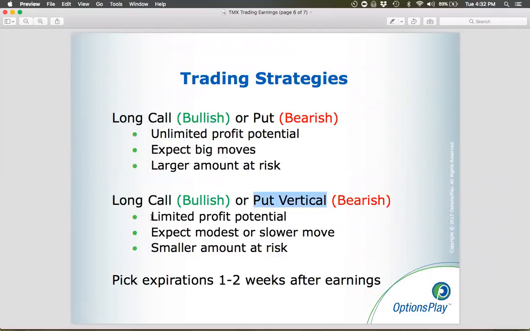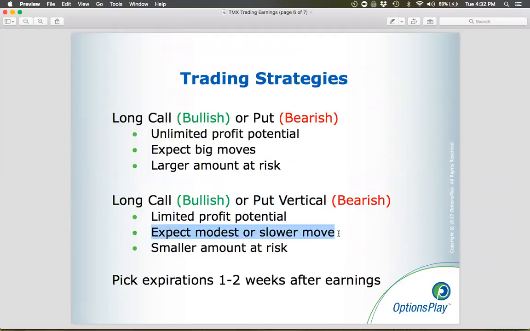And this is used when you have a limited profit potential. Meaning when you enter the trade, you'll know exactly what your maximum profit potential is, and that will determine the most amount of money you can make regardless of where the stock goes. This is a strategy you would use if you expect a modest or slower move in the underlying stock.